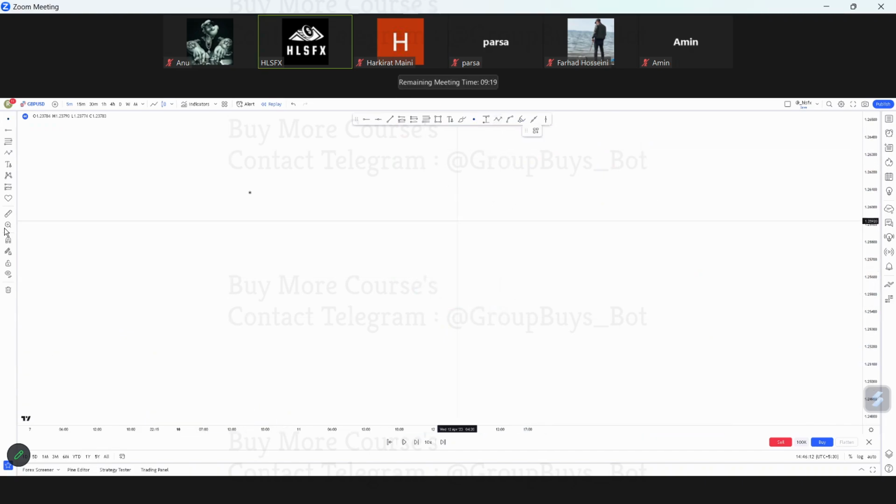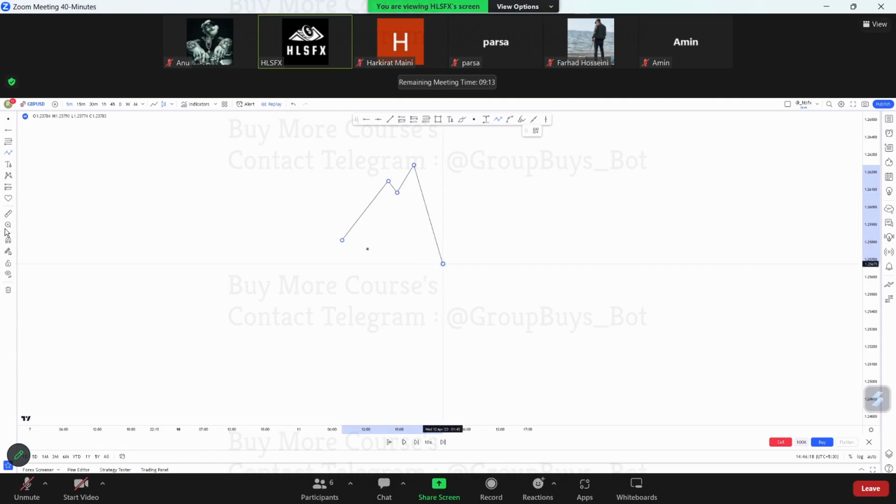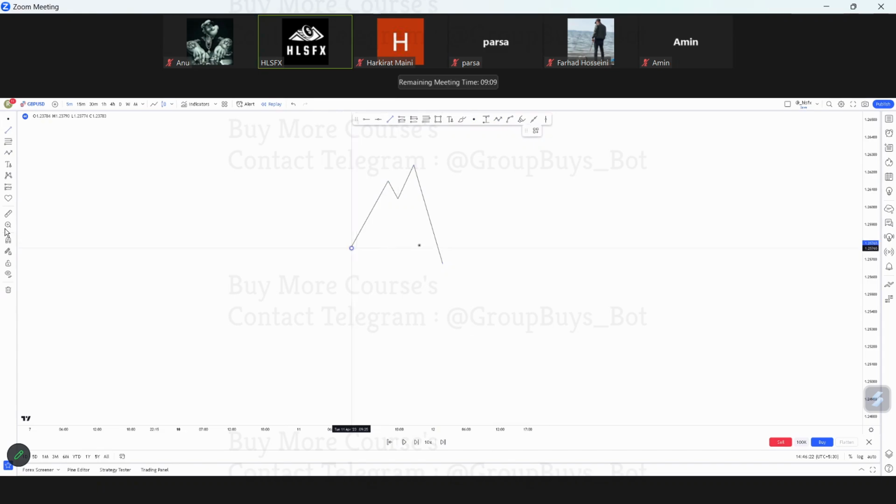Let's say the market is bearish. So there is a sweep of liquidity, a break of minor structure, and major structure. This is the break of structure here, and then we have again a bearish structure, a break of structure. Now, if I want to see a bullish break of structure, what am I supposed to see?